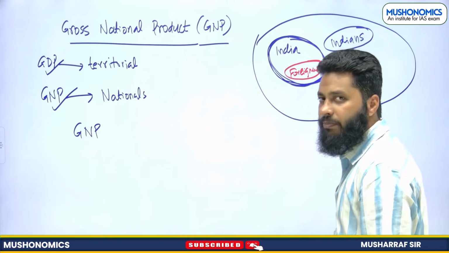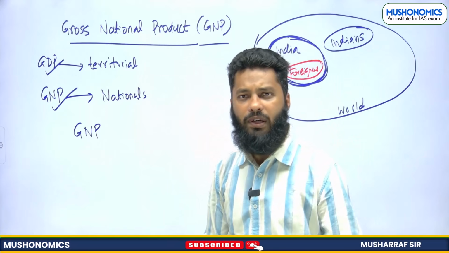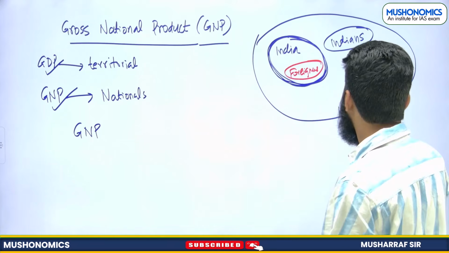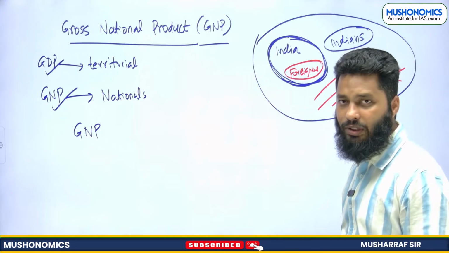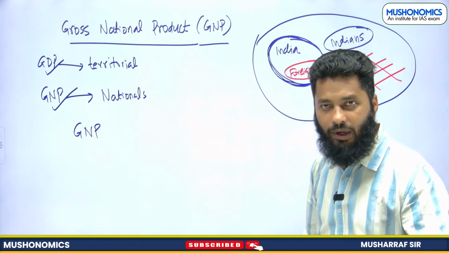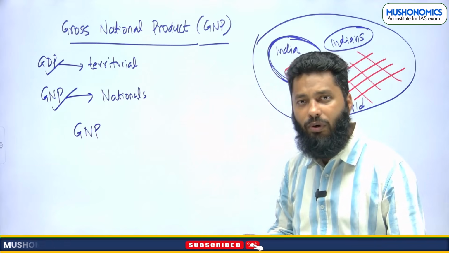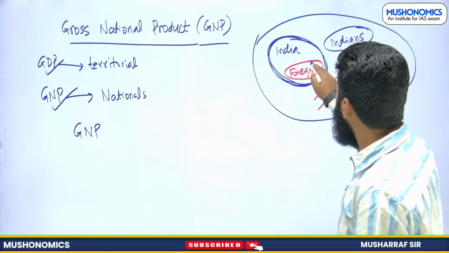Production is being done by foreigners, foreign firms, or foreign individuals, etc. So when we are calculating GNP, we have to subtract this, because we don't want to include foreigners. We want only Indians, production done by Indians. So we have to exclude this.